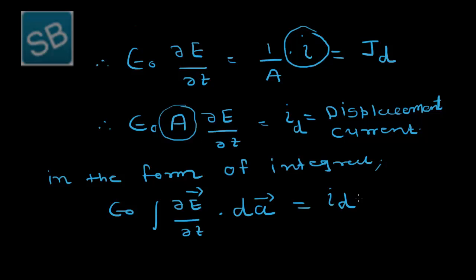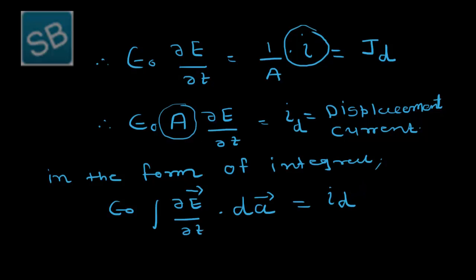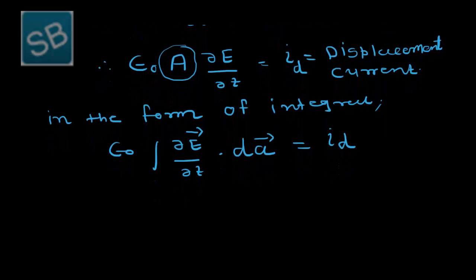And if we add the integral form of displacement current in Ampere's law, I want to determine the value of one kind of Maxwell's equation. So what was Maxwell's equation? Ampere's equation: closed integration B dot dl is equal to mu 0 I at that particular time, and that was the correct value.